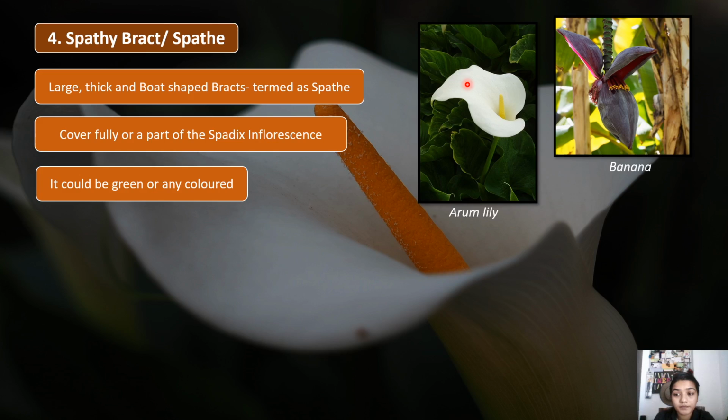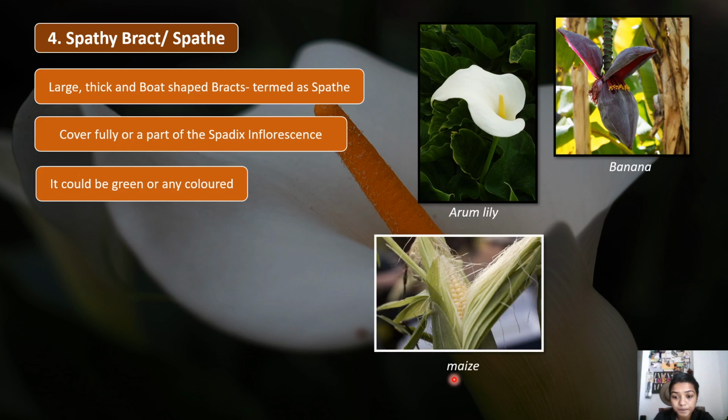Now there are some examples of spathy bract. This structure that we saw is of arum lily. I had also explained it before when I explained the spadix inflorescence. At that time also I gave this example. Now the next example is of banana. See, in the inflorescence of banana, this structure that you see is the spathe, the spathy bract.